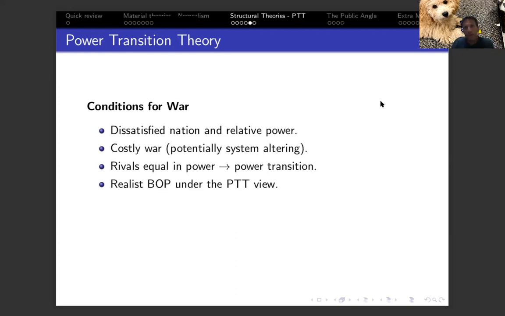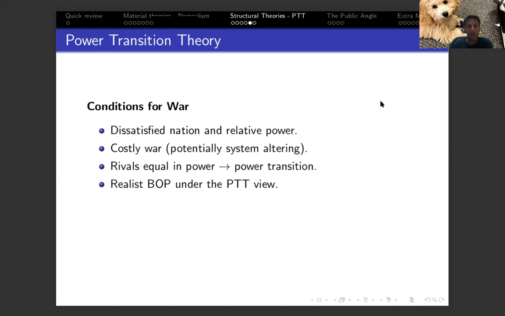And this condition for war explains one of the main differences with the realist balance of power concept, because according to the realist framework, the realist theory, balance of power is intended to prevent the prospects of war because nations are balancing against one another and thus reducing the likelihood of conflict, because that keeps the system, according to the realist point of view, much more stable.